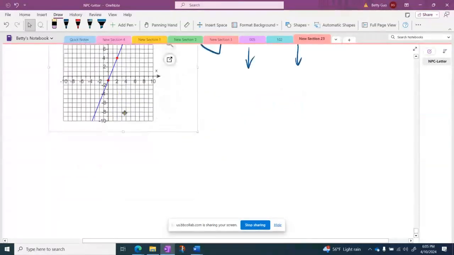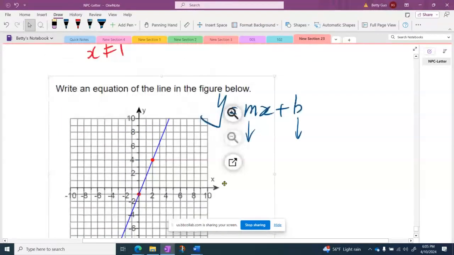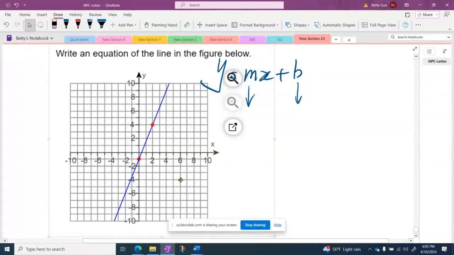I can make it bigger. So do you see the y-intercept? Anybody can help me to identify the value for b? It's a negative, right? Because it's below the origin.